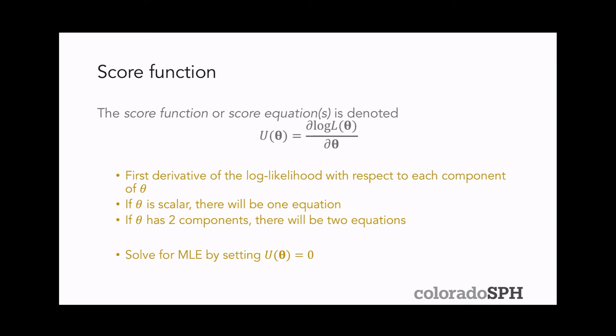So let's talk a little bit more about that score function. The score function, also called the score equation, or score equations if you have theta that has multiple components, is denoted as the partial derivative of the log likelihood of theta with respect to theta.